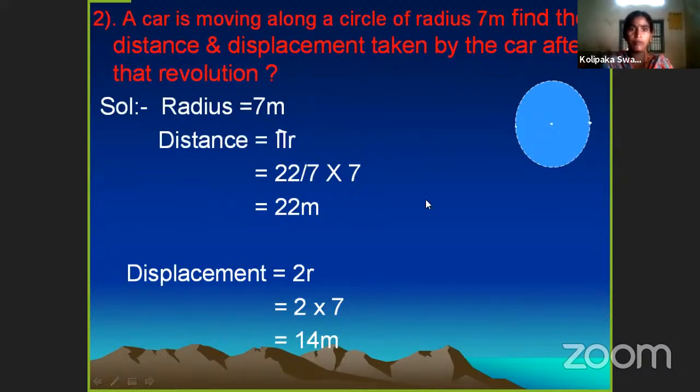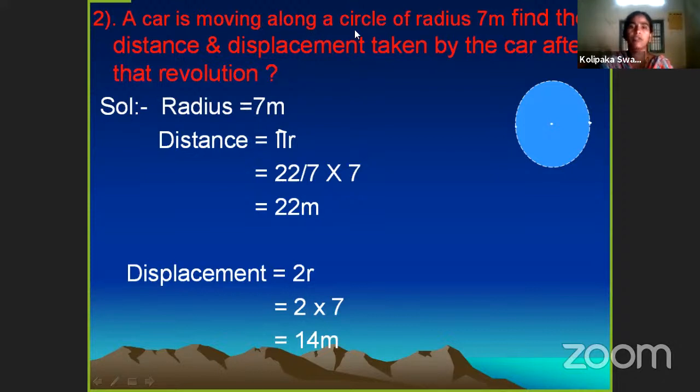Second problem on the distance and displacement topic. A car is moving along a circle of radius 7 meters.